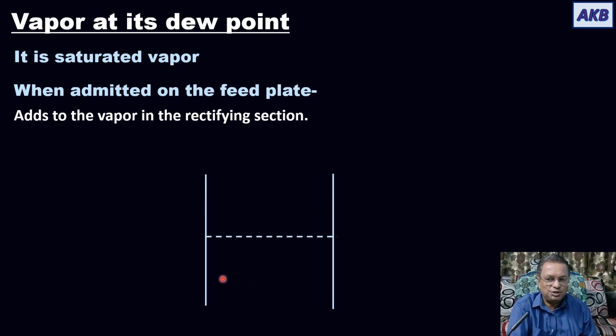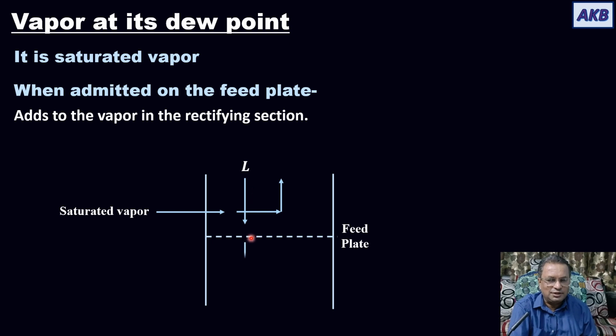You have the tray, that is feed plate, and then you have saturated vapor that is coming now into the column as the feed. It is entirely vapor. So the entire feed will be getting added to the vapor in the rectifying section. The liquid from the rectifying section will be coming to the feed plate and then flowing down to the stripping section, L bar.